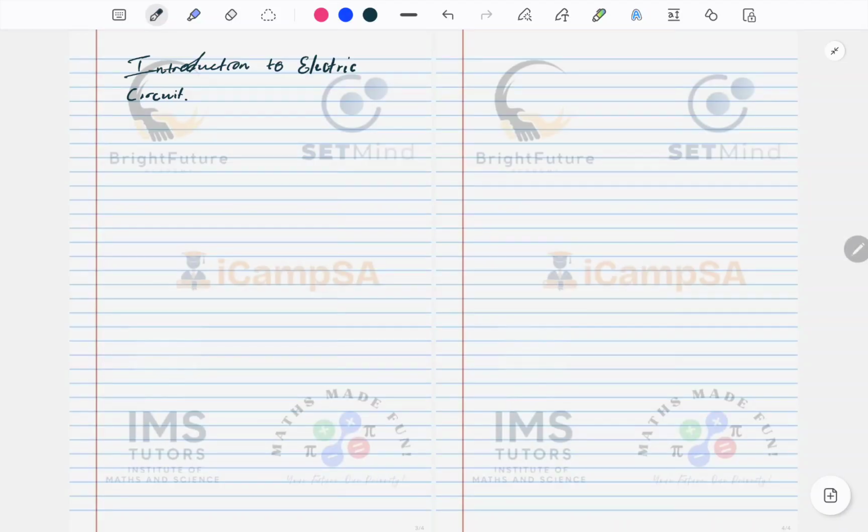Okay, so when dealing with electric circuits, we've got amperes. This is what we will use to measure our current.